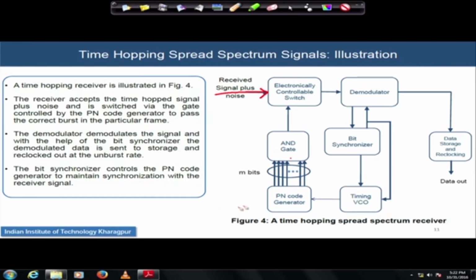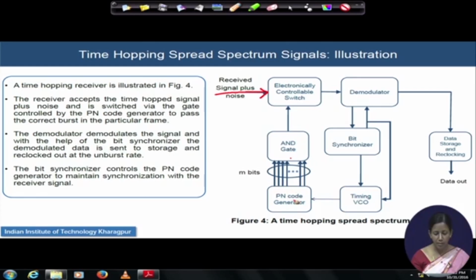This code generator generates the same code that is used by the transmitter for time hopping. The code is generated and the AND gate allows choosing the typical burst period, and the signal within that burst period is allowed to enter into the demodulator.